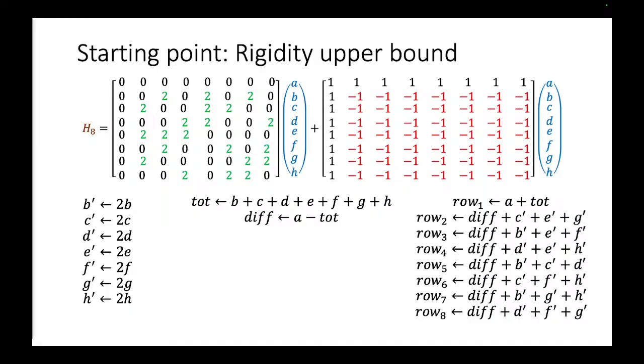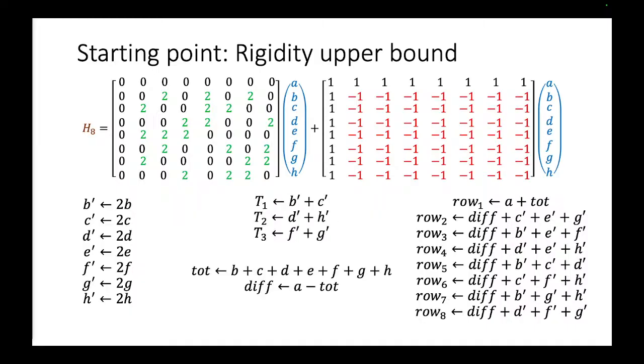Now, I'm going to notice that in this total variable, where we're adding b through h together, some of that work could be reused to do some of these additions that are happening with the variables on the right. So for example, b prime plus c prime, I'm currently adding them together to get row 5, but it could also be helpful to compute the total variable. So I'm going to compute 3 intermediate things, t1, t2, and t3, which are sums of 3 pairs of those things.